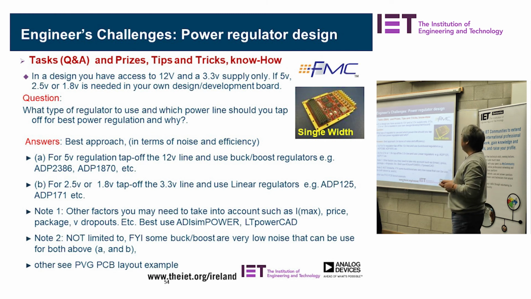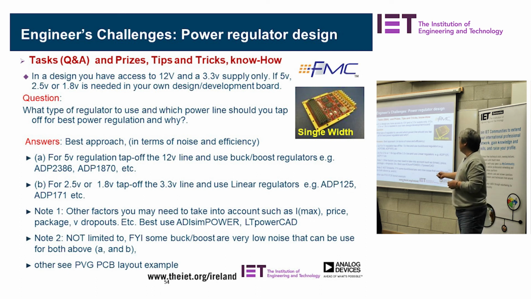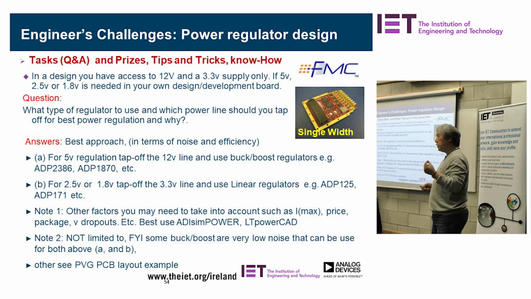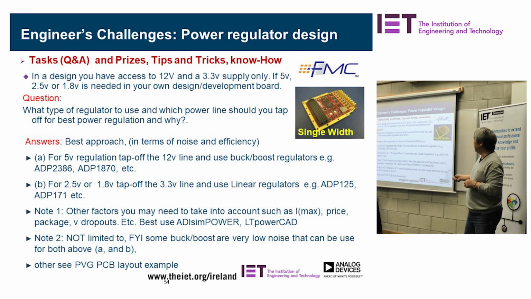So we have a 5 volt regulation. It's best to tap off the 12 volt line and use a buck regulator, a switching regulator. Why? Because of efficiency, since you have a 7 volt drop.